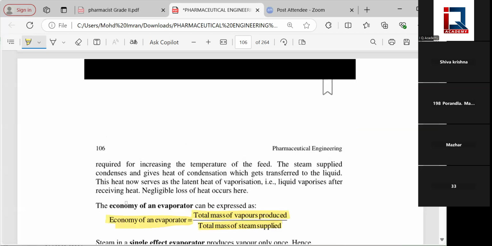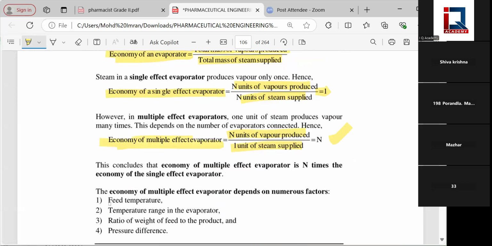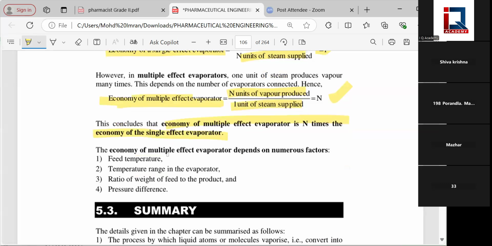That's what we are writing here. n units of vapor produced by 1 unit of steam supplied is equal to n value. So this is economy of multiple effect evaporator. Please note it down. So this concludes that economy of multiple effect evaporator is n times the economy of single effect evaporator. Okay.